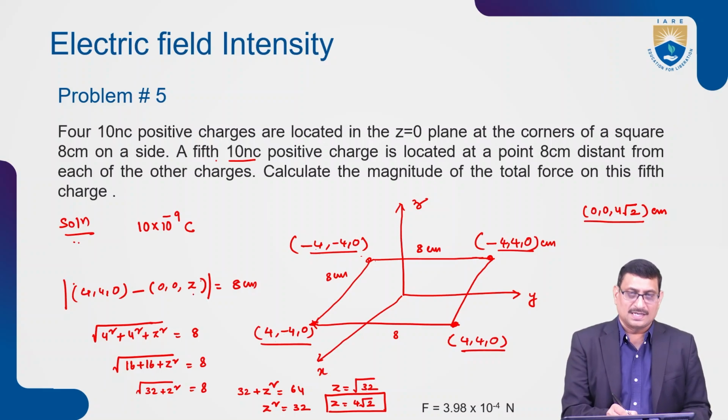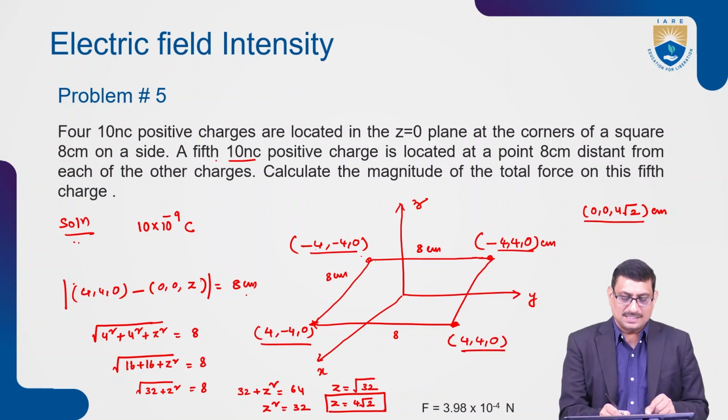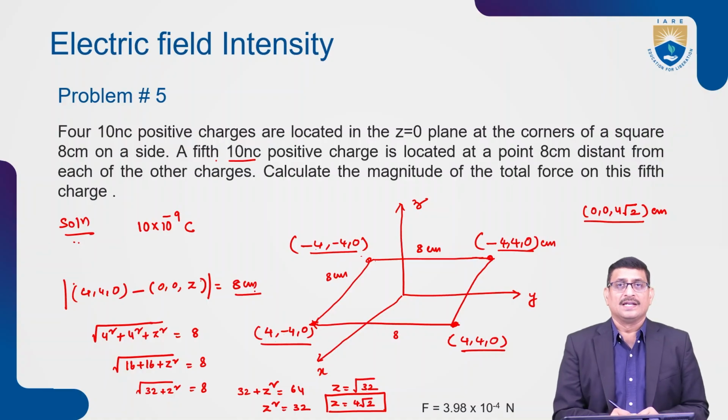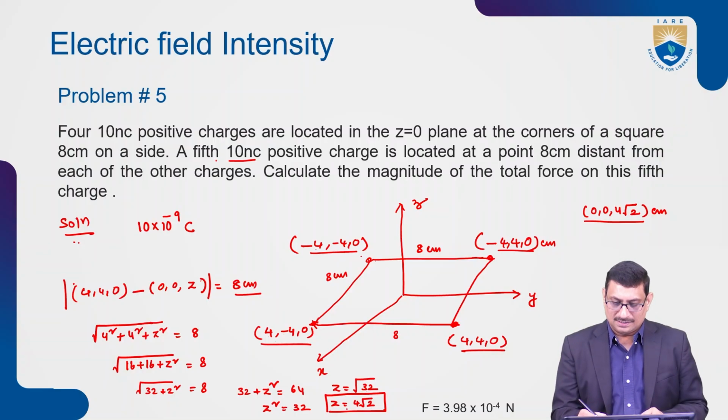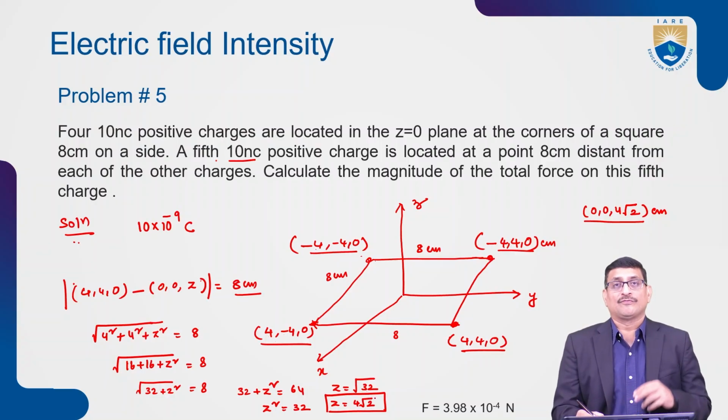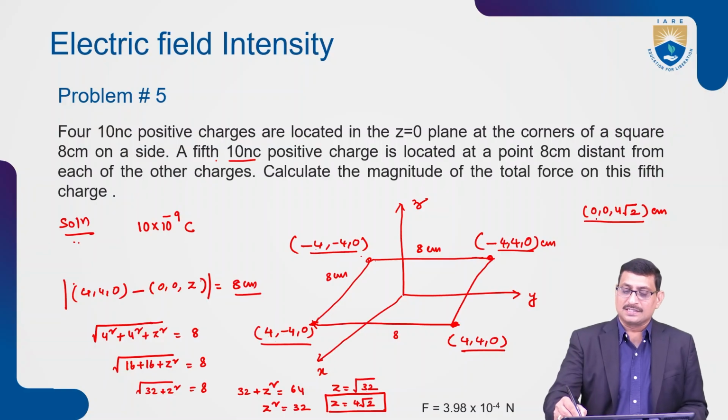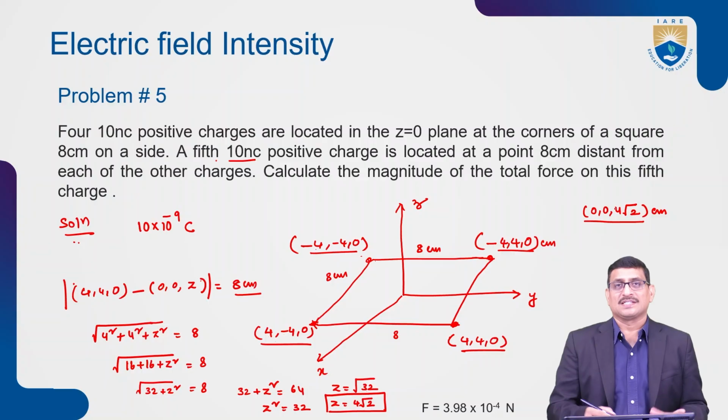Taking it on the z axis and finding its distance, that distance is given as 8 centimeters. Therefore, we calculated the z coordinate. The z coordinate is 4 root 2. Therefore, the fifth point is located at 0, 0, 4 root 2. So if you find the distance from that point to any point, it will be the same.